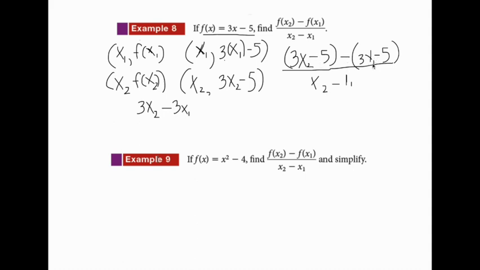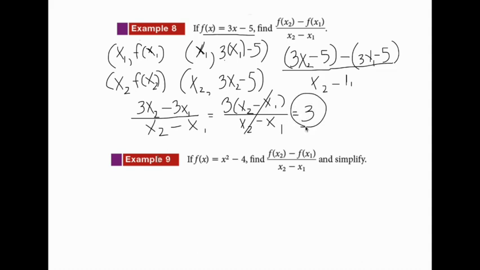So I have -5 plus 5, so the 5's disappear. Then on the bottom, I have x2 minus x1. Now, if I factor out a 3, the x2 minus x1 divided by the x2 minus x1 will divide out to be 1, and I'm left with 3.